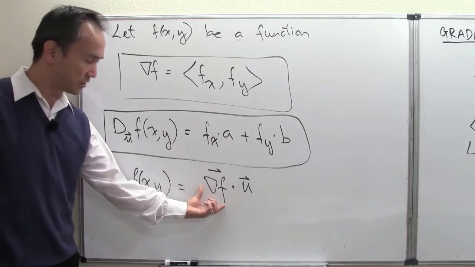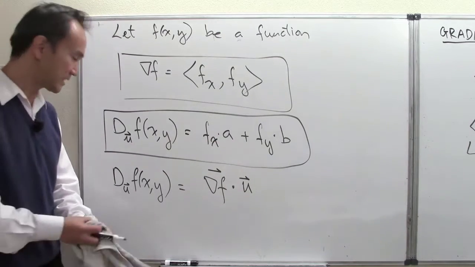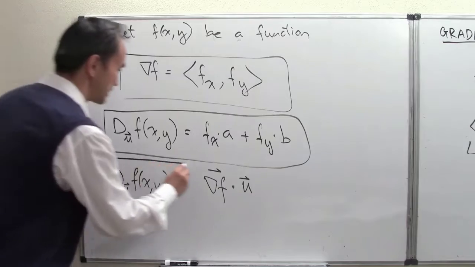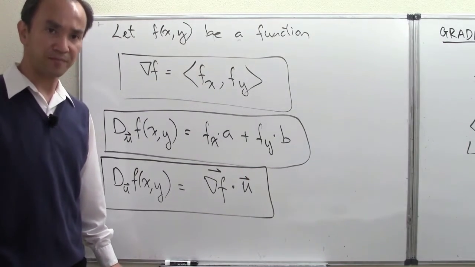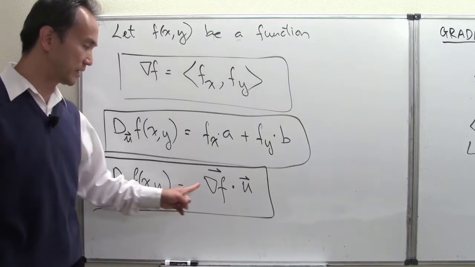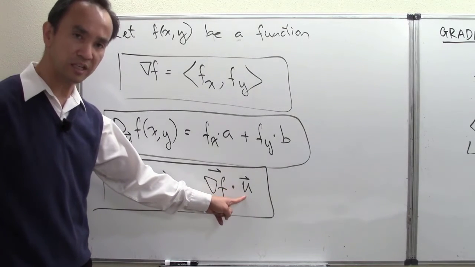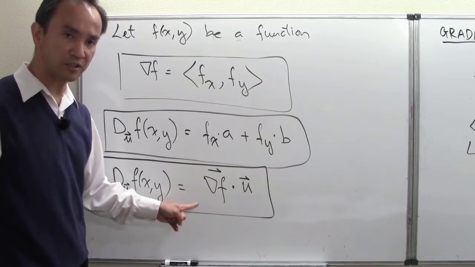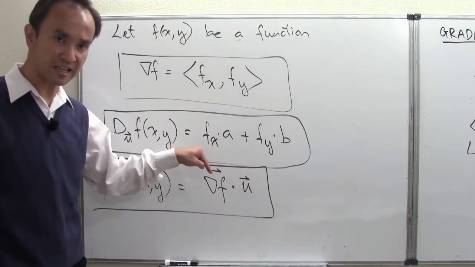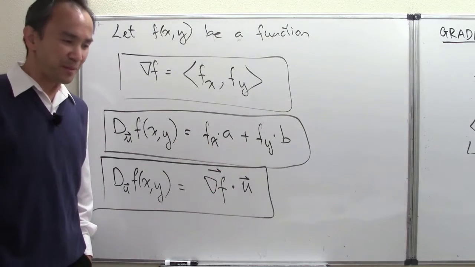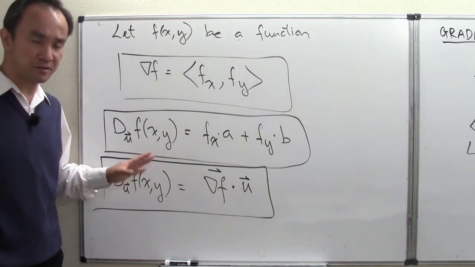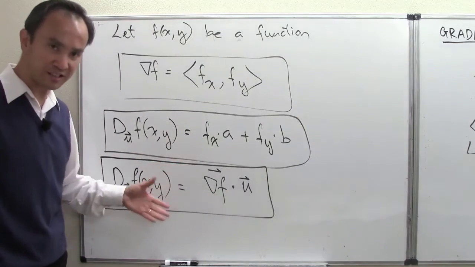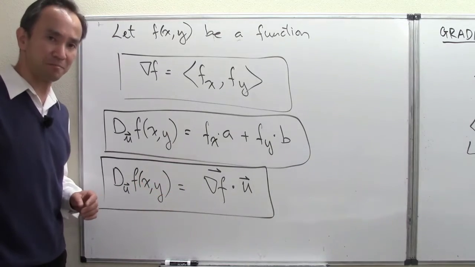So it's a vector dot the vector u. That's a different way we can think of a directional derivative: any directional derivative is the dot product between the given direction vector and the gradient of the function at that particular point. At this point you are ready to do some examples so that you can strengthen your understanding.